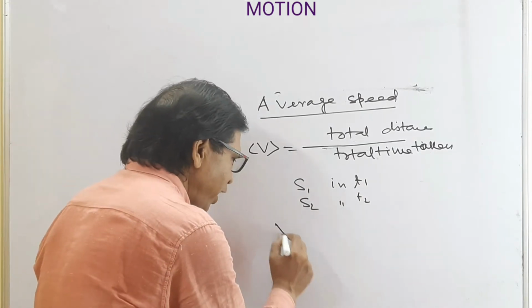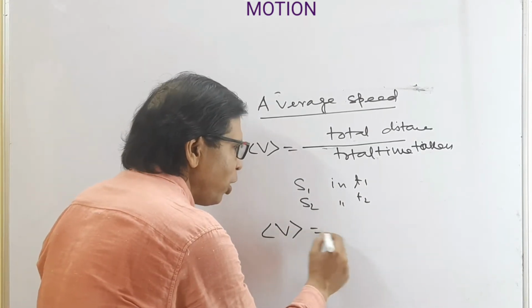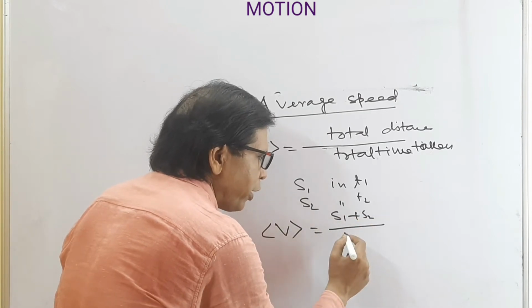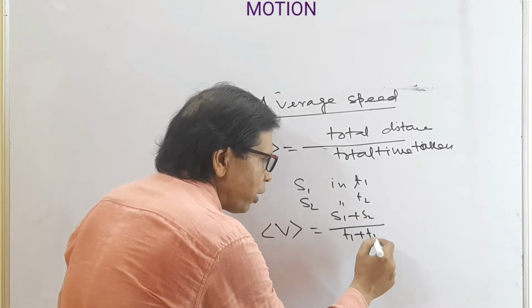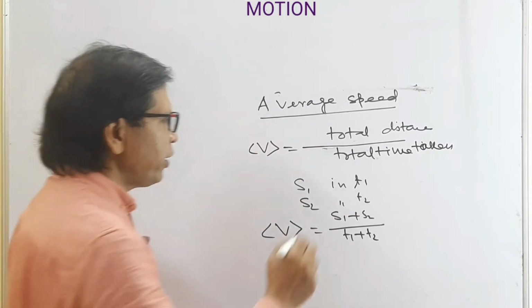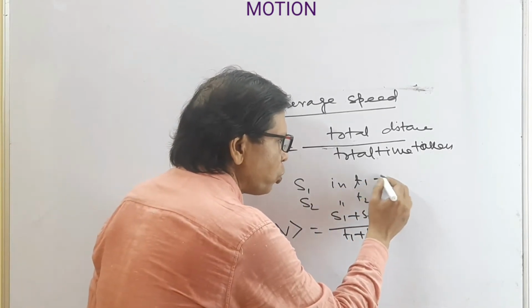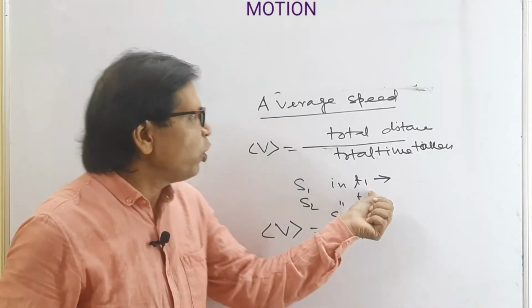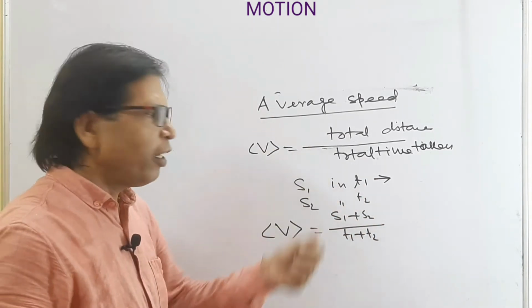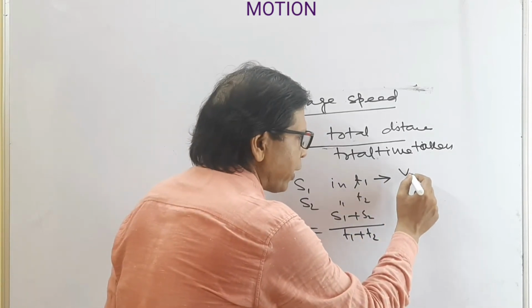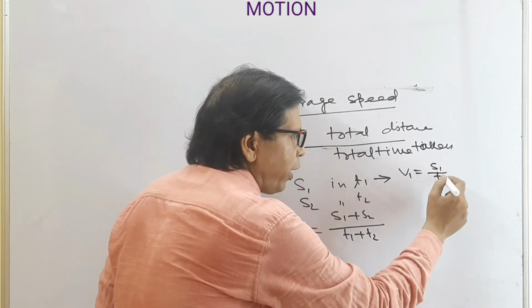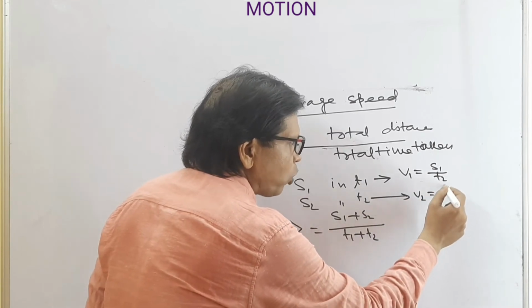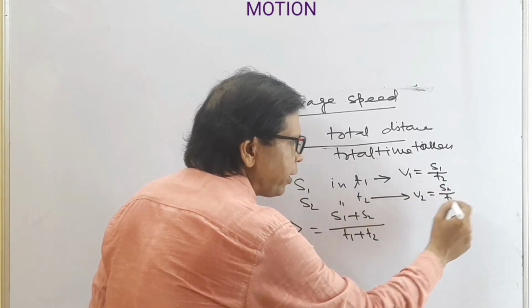So look at this, average speed becomes (s1 plus s2) divided by (t1 plus t2). Now as the particle moves s1 distance in time t1, from this relation speed v1 equal to s1 by t1, and from this relation speed v2 equal to s2 by t2.